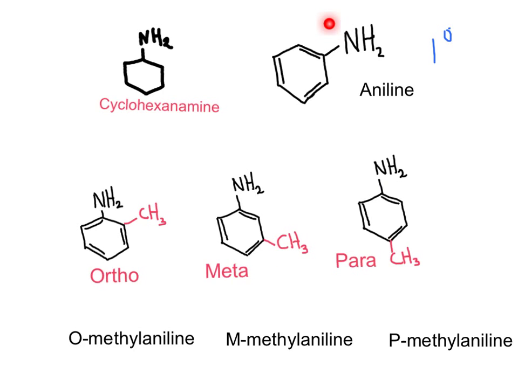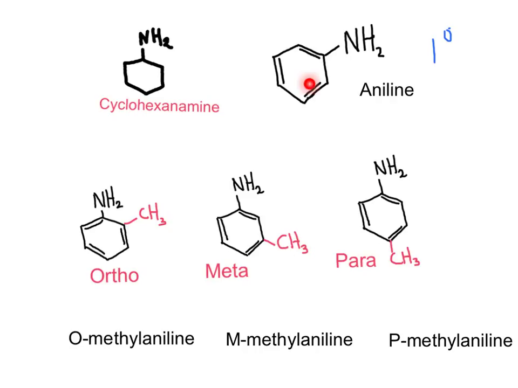Now we need to practice the nomenclature of some aromatic amines. This is the molecule of aniline, which was part of our chapter on benzene and derivatives of benzene. We have the amino group attached to a benzene aromatic ring, not to be confused with the aliphatic cyclohexanamine.